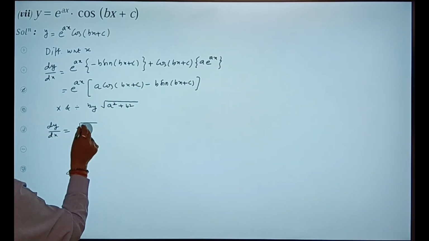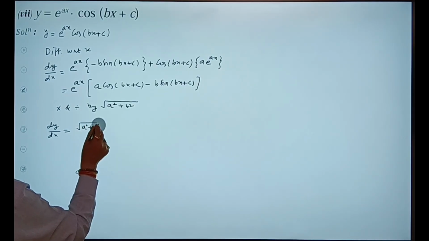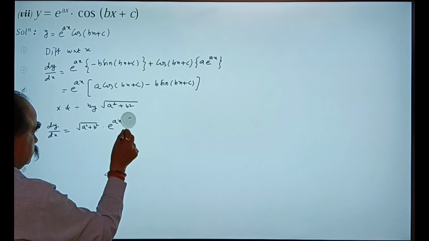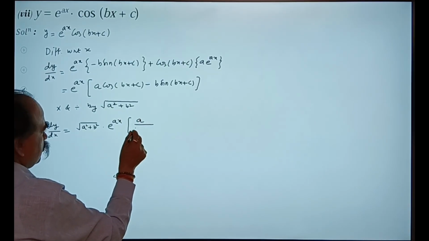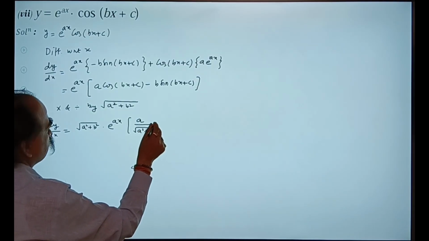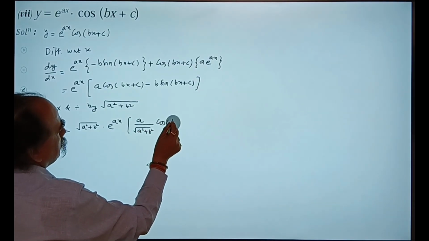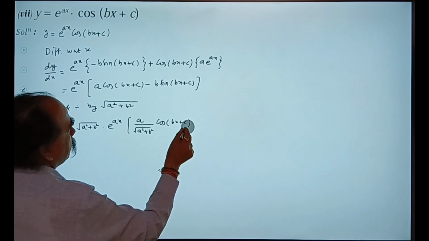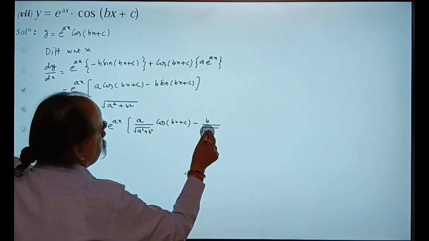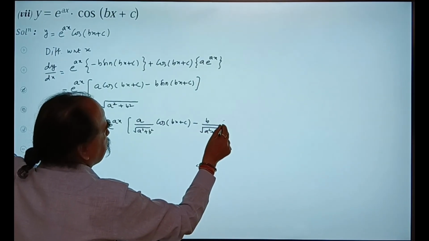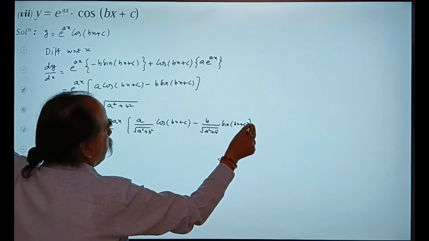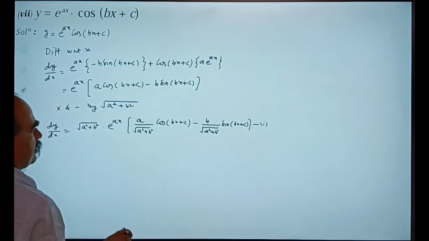Root a square plus b square e raised to ax, a upon root a square plus b square cos bx plus c minus b upon root a square plus b square sine bx plus c. Write this as equation number 1.